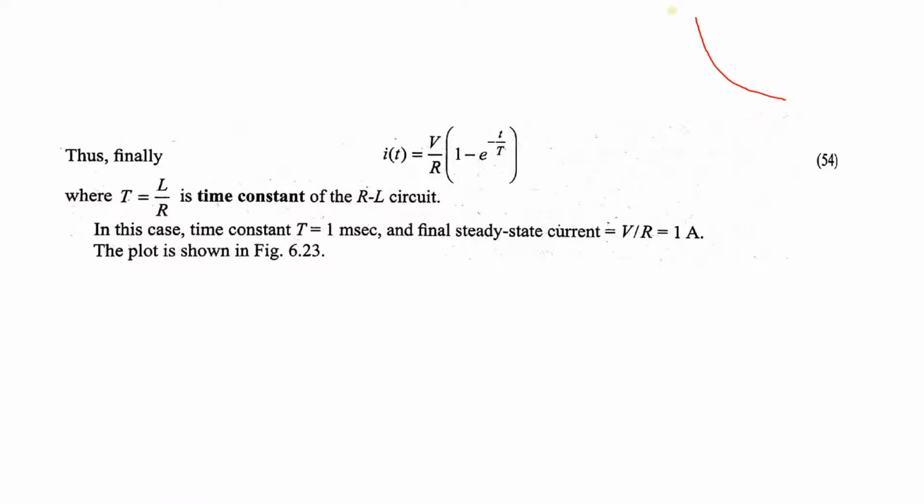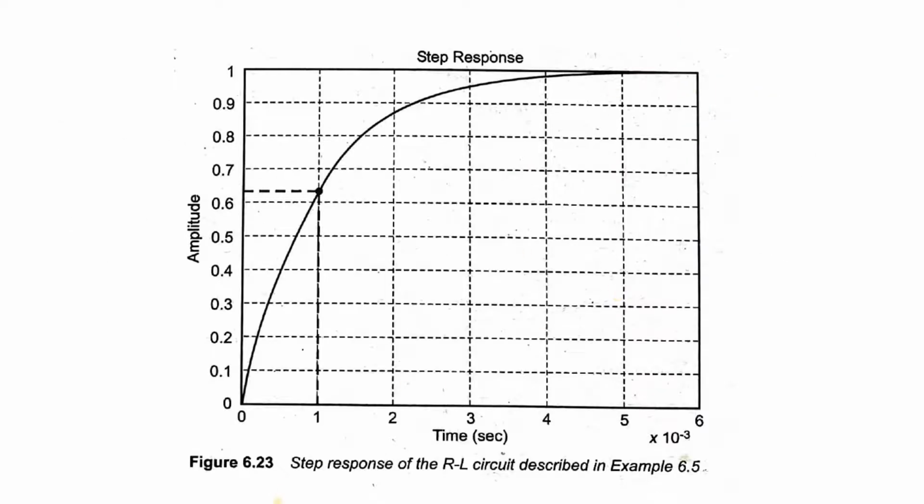But since it is 1 minus an exponentially decreasing function, in this case it will be exponentially increasing. This is plotted using MATLAB, and you will see it is exponentially increasing. How to plot it using MATLAB, I will show in the lab class.